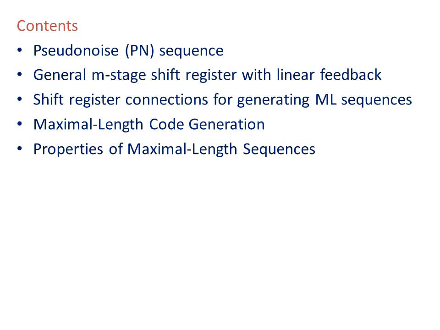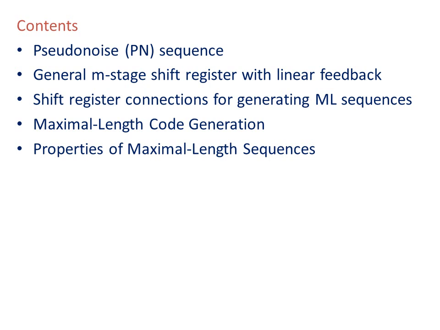The fourth topic is maximum length code generation. We consider one length of the sequence, and we discuss the generation method of the maximum length code sequence. And the last topic is properties of maximum length sequence.